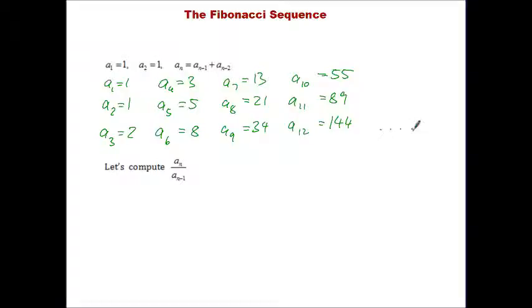So, what's so special about the sequence? Let's take a ratio of each term with the previous term and see what happens. Then we have a sub 2 divided by a sub 1. That would be 1, right?